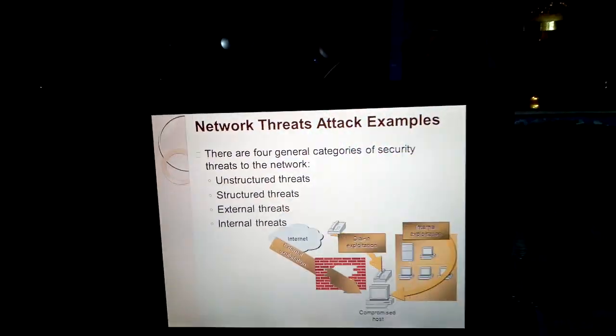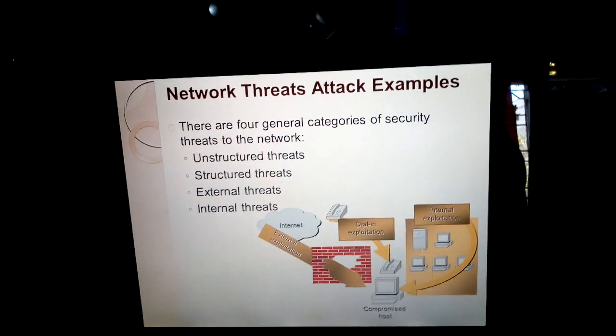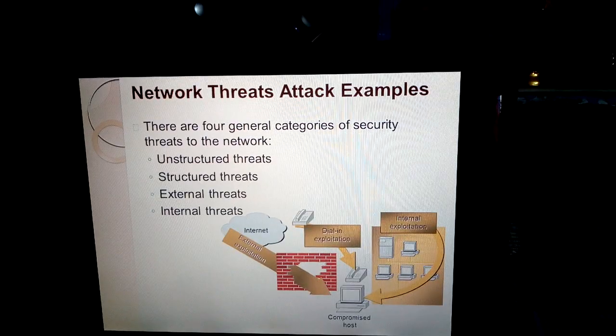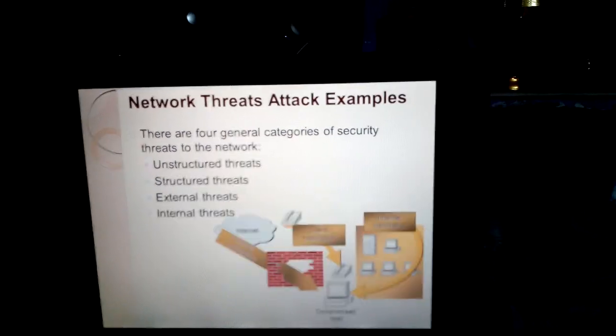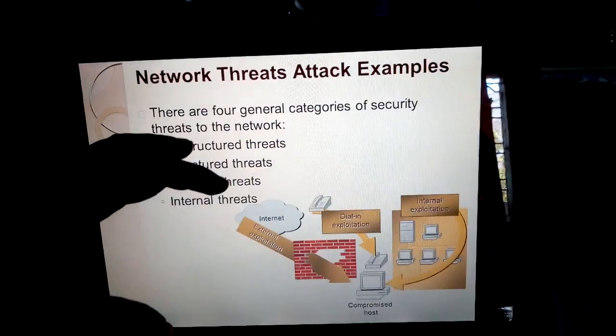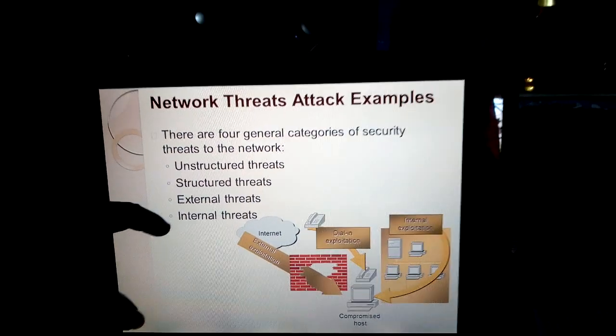So here come the different types of general threats we find in the network. Mainly there are four different types of threats. The first one is unstructured threats, the second is structured threats, the third is external threats, and the next one is internal threats. We already know very well about internal and external threats.